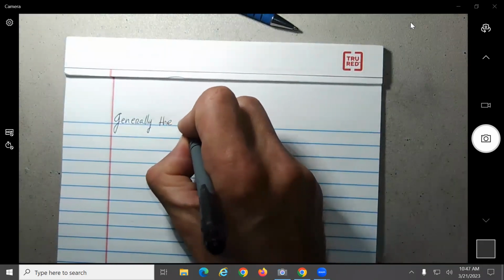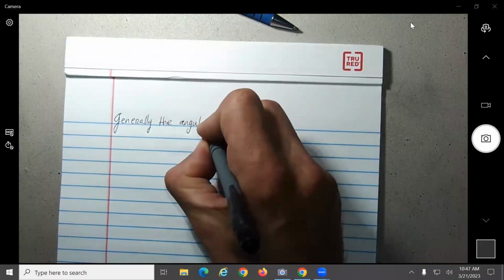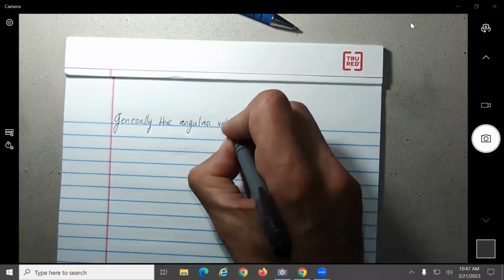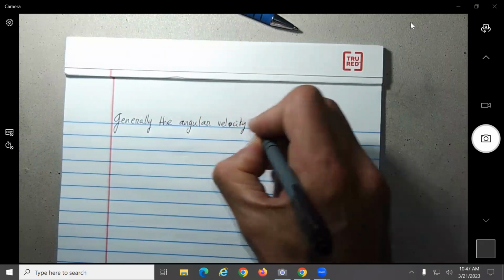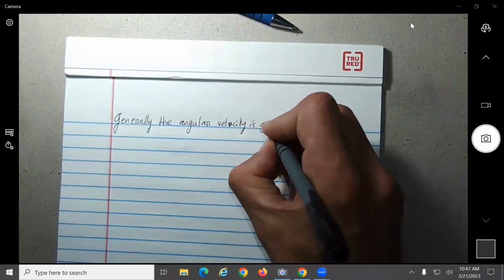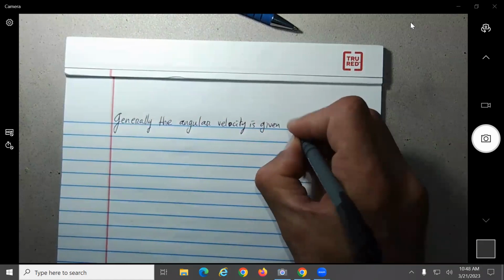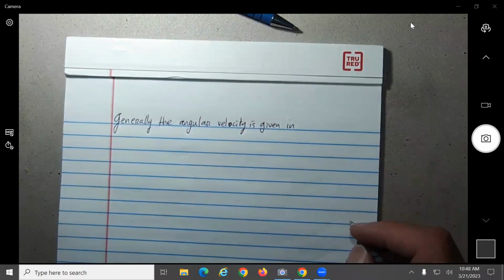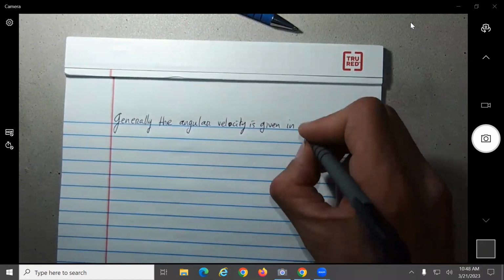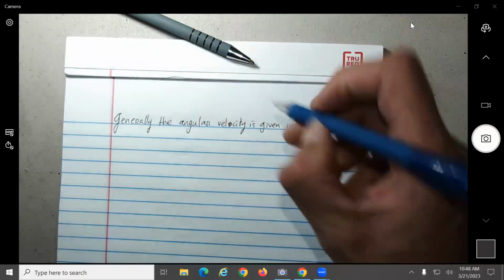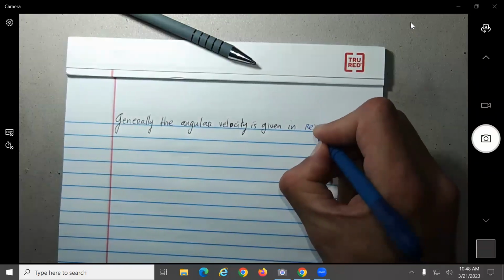The angular velocity is given in what? Okay, that's normal, but when you use a machine or in your car, what do you see?